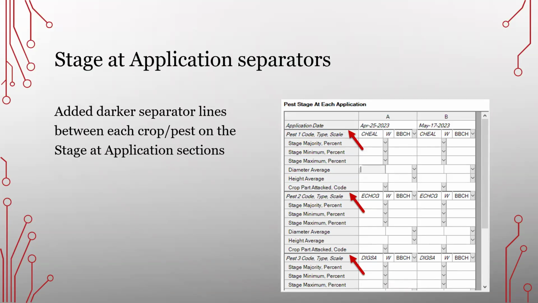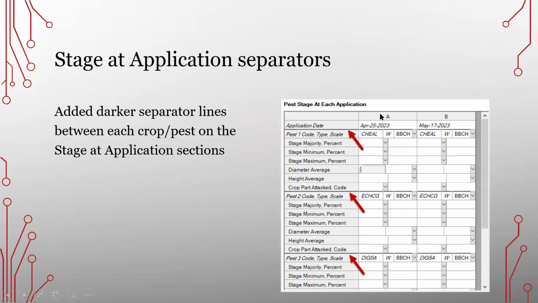Pretty small change here, but just a little visual cue on the pest stage at application and also the crop stage at application. Those sections are a little more involved than the other tables in the trial, because you really have two levels of repeating sections.